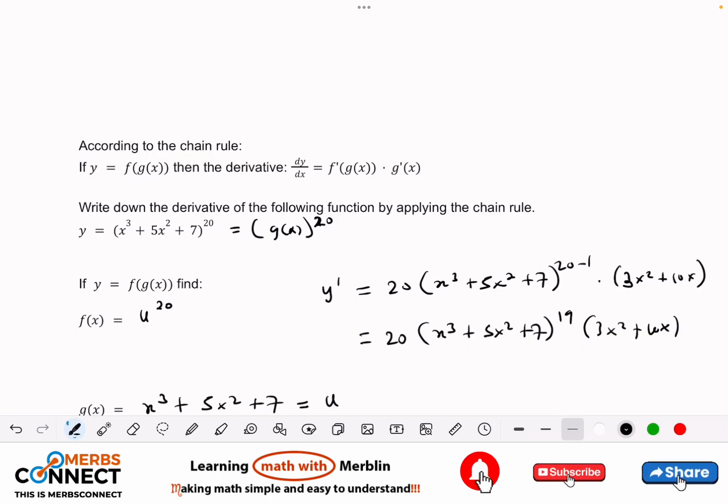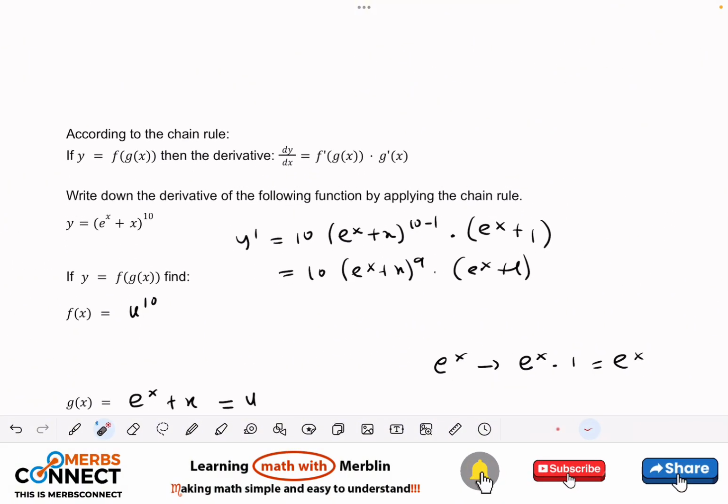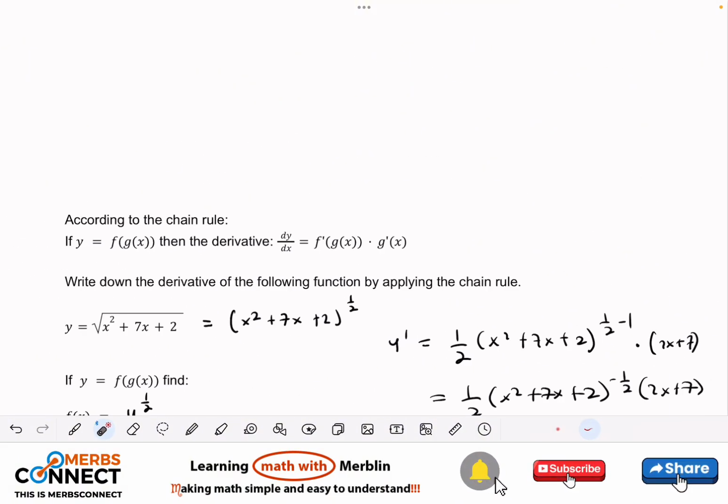So what I was doing here actually was like me having y is equal to, let me say, g of x to the power what, n. So you see that any function that we have, we can write it to the power n. So you can see that this is the n, and g of x is what is here, right? The same thing to this one. This will be the g of x, and this one will be n.